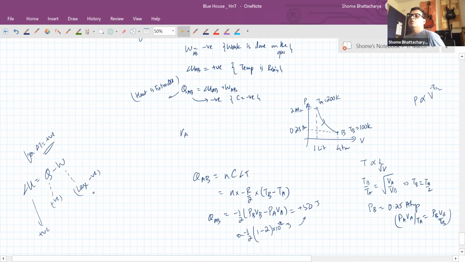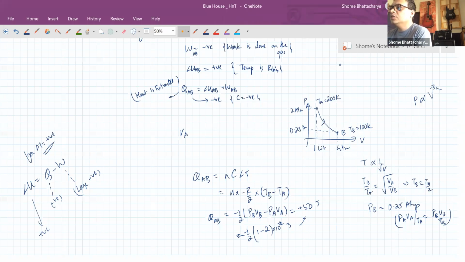Even though heat is extracted from it, its internal energy is increasing, because a comparatively large amount of work is done on the gas. So its internal energy increases, so its temperature increases. That is the intuitive explanation of how this is possible.